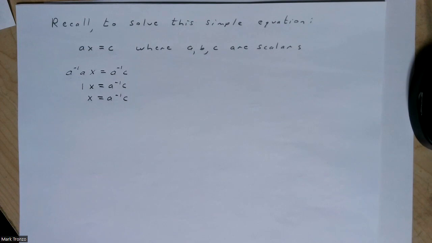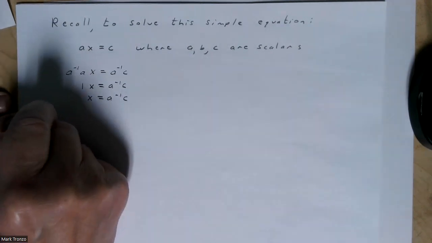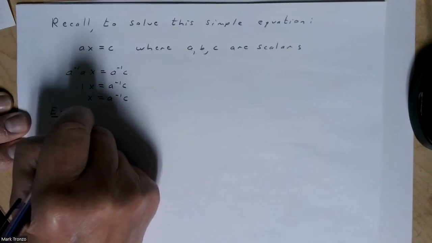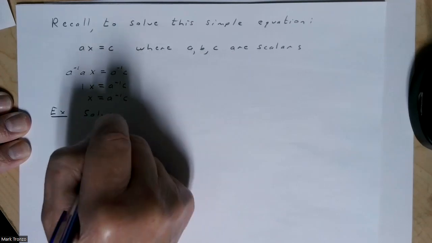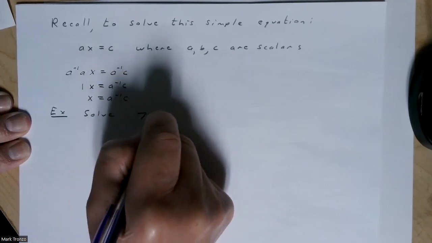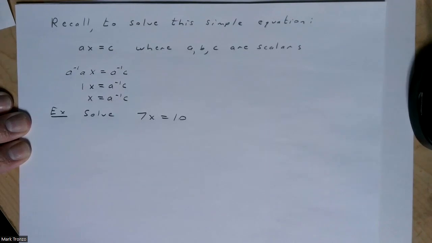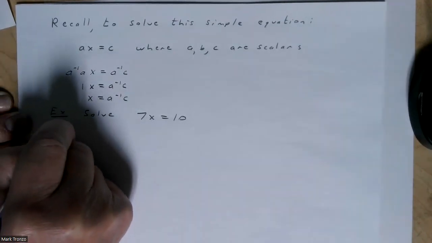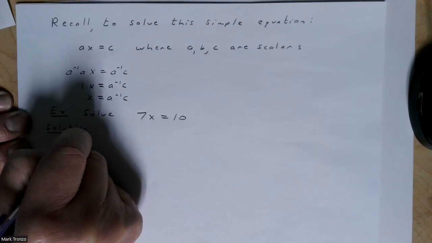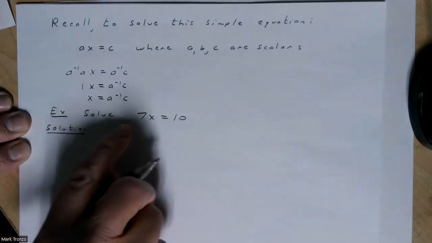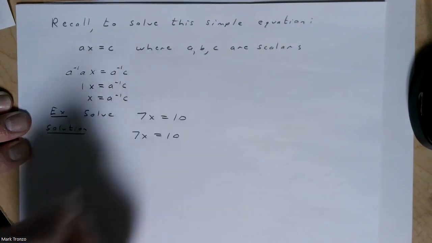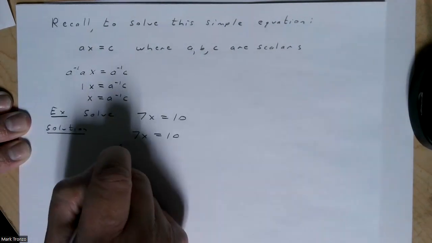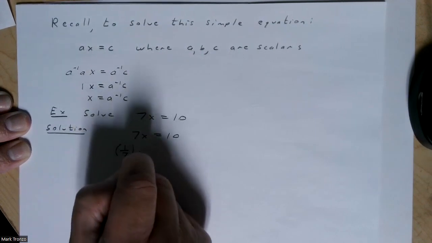So let's go ahead and solve a simple equation using this. Let's say solve 7x equals 10. We're going to put in all the steps. Again, usually we don't do this. We usually skip a lot of steps. So if we're going to start with 7x equals 10, then we multiply by the inverse of 7.